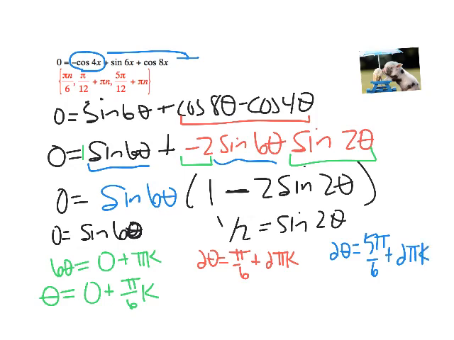And then, of course, when you divide everything by 2, you get theta equals pi over 12 plus pi k. And then for the second equation, you get theta equals 5 pi over 12 plus pi k.